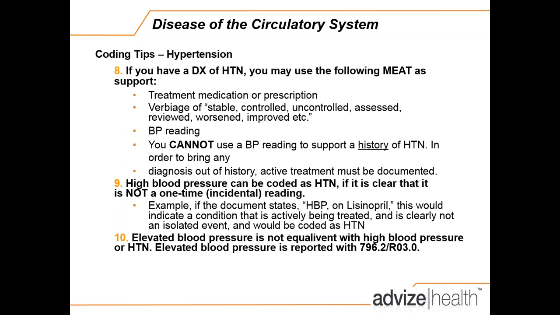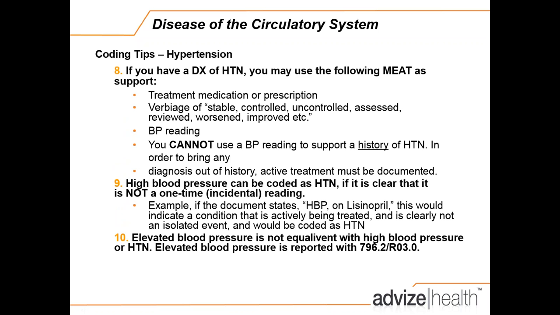Diseases of the circulatory system, again, hypertension. If you have a diagnosis of hypertension, you must use the following as support: treatment of the medication or the prescription, verbiage of stable, controlled, uncontrolled, assessed, reviewed, worsened, or improved, blood pressure reading. You cannot use a blood pressure reading to support a history of hypertension.